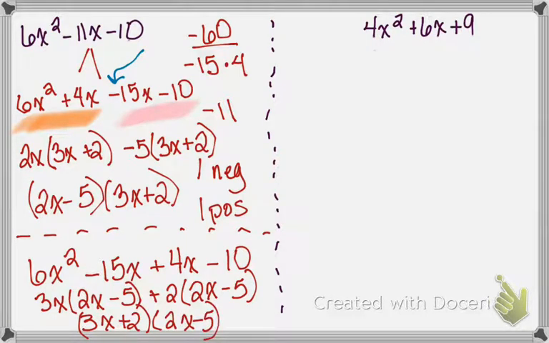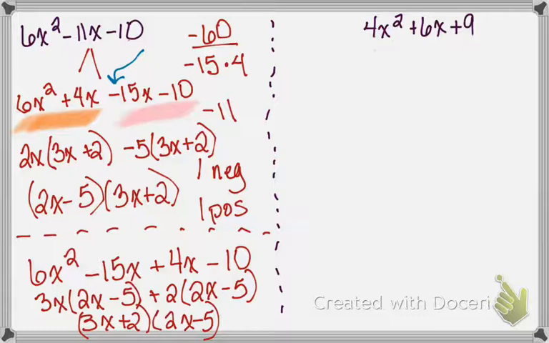Okay, and 3x plus 2 times 2x minus 5 and 2x minus 5 times 3x plus 2 is the same thing. What is not the same thing is if I reverse those negatives. Okay, so if I had 2x plus 5 and 3x minus 2, that is not the same thing.